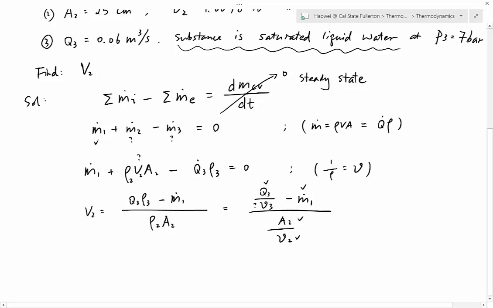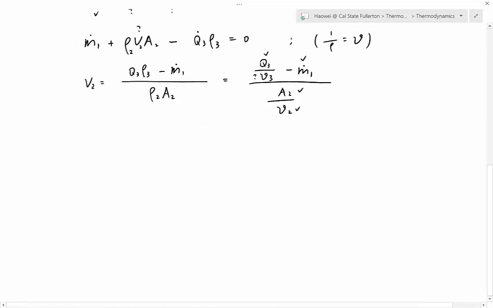Okay, so which table should we start with? What we know is P3. P3 is 7 bar. If you want to start from pressure, usually you go to table A3, and if you start from temperature, usually you go to table A2. So this time we need to go to table A3, and we start from the pressure P3, which is given as 7 bar.